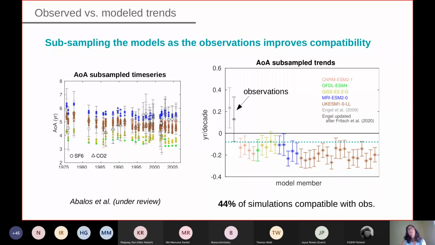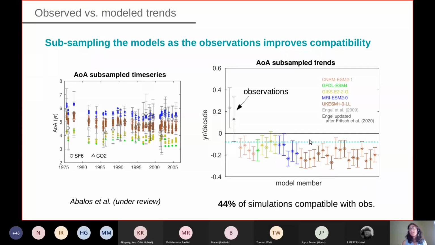And the result is shown here on the right. So here are the trends. Now for the observations in gray with these large error bars, these are two different observational estimates of the age of air trends, and then all the model results for different models and model members. And you can see still that models give negative trends and observations give positive trends.